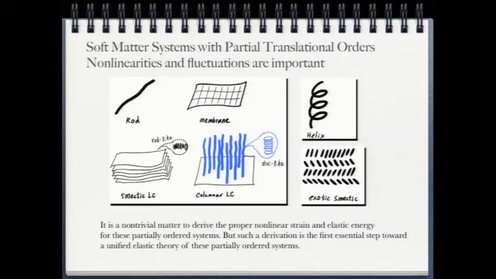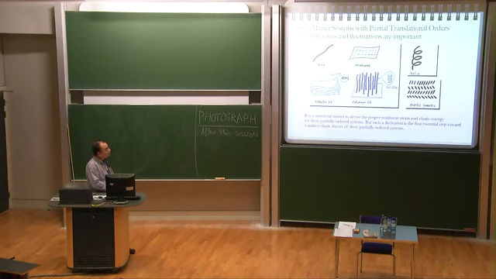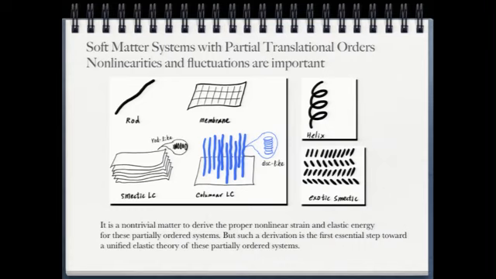Smectic liquid crystal is essentially a stack of parallel liquid membranes. If you zoom in microscopically, each fluid sheet is made of rod-like molecules. In the simplest smectic system, these molecules are standing up, perpendicular to the plane.